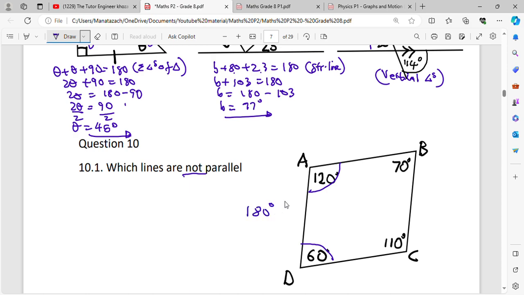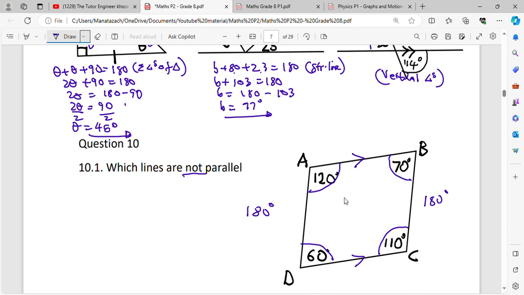It means they are co-interior, right? If they are co-interior angles, meaning those two lines are parallel, AB and DC, you can do the same thing even with 70 and 110. They will give you the sum of 180 for the same reason of co-interior.